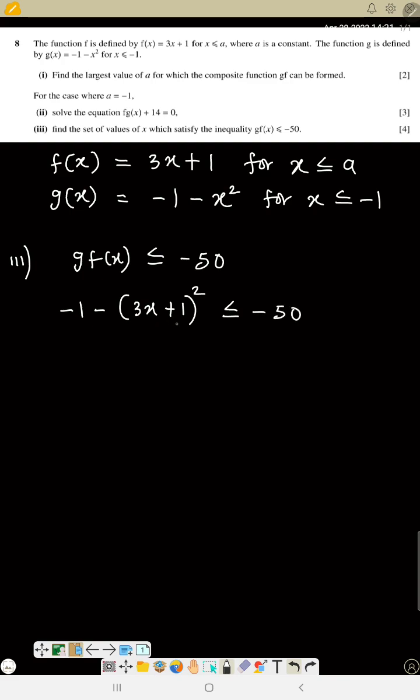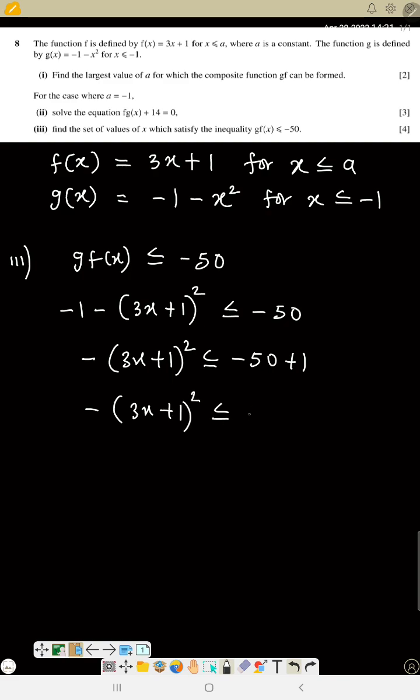So instead of expanding the bracket, I'll just take this to the other side. So minus 3s plus 1 squared is less than or equal to minus 15 plus 1. So minus 3s plus 1 squared is less than or equal to minus 49.